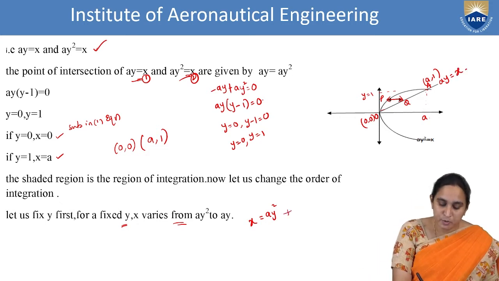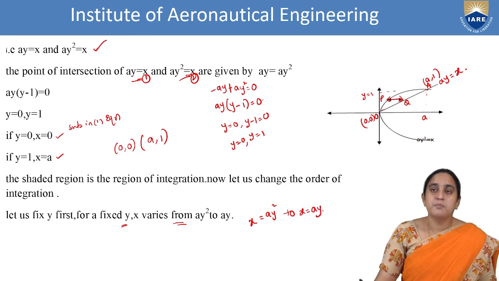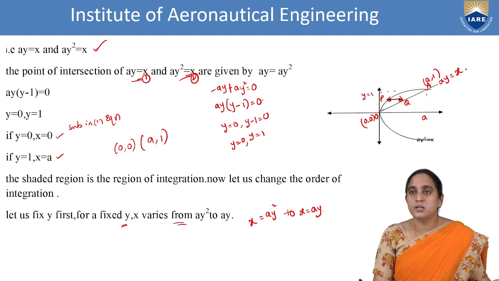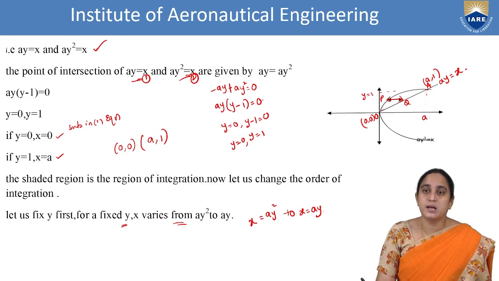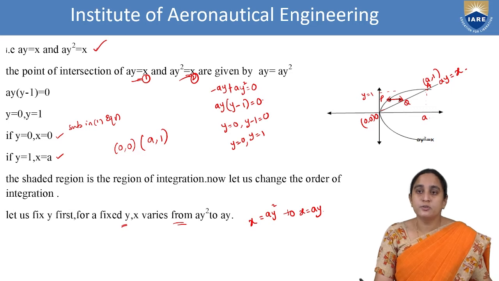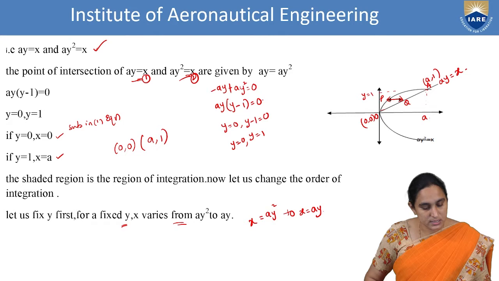Therefore, the end point of the x limit is x is equal to ay. By using the concept of horizontal strip, let us change the order of integration. We get the x limit points: x is equal to ay square to x is equal to ay.